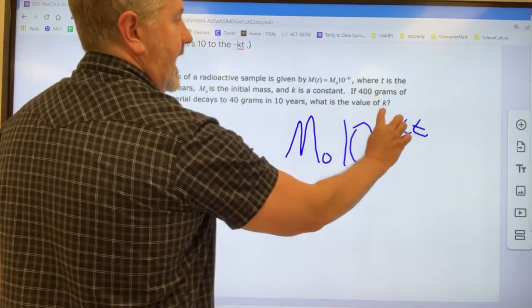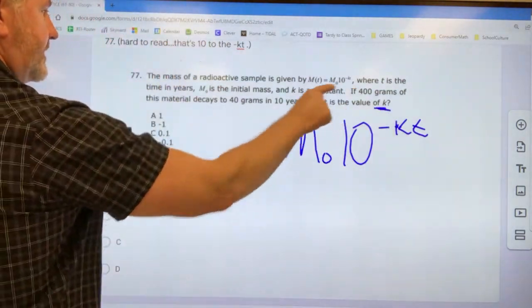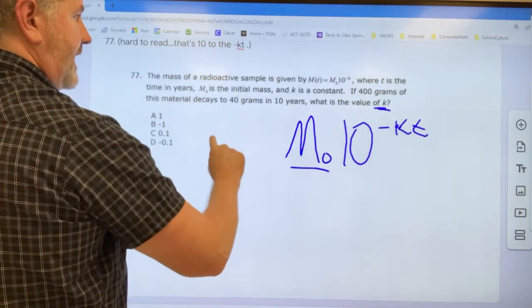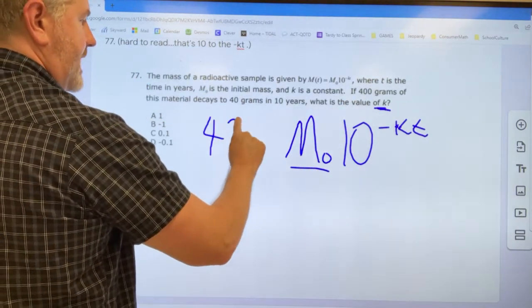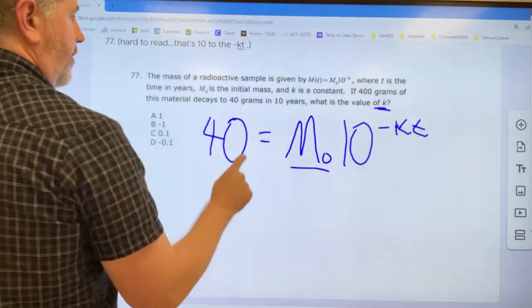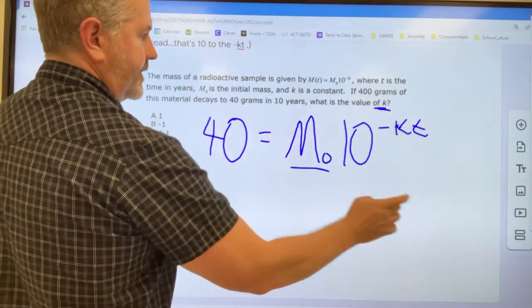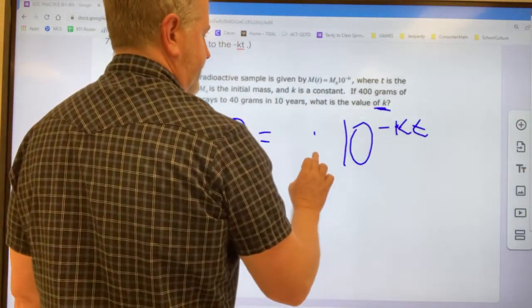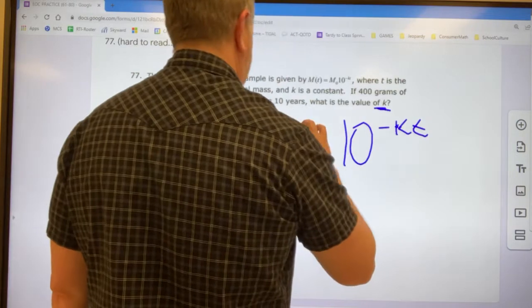We're going to solve for k because it asks us that. It tells us the value at the end of the time period. So I'm just going to erase that and replace it with 400 in the interest of space.